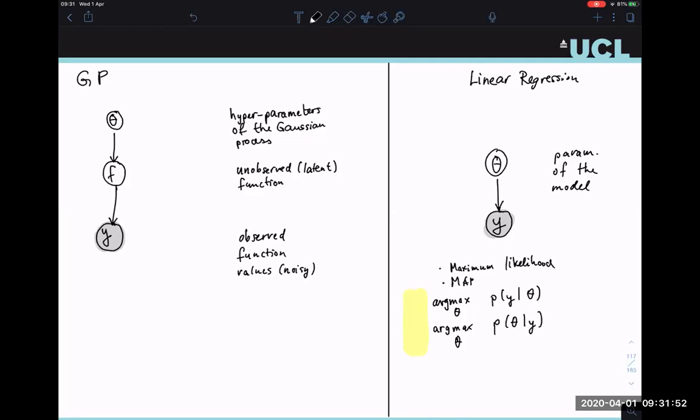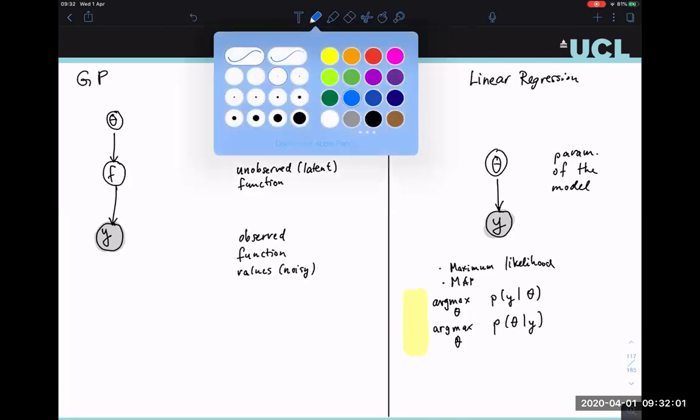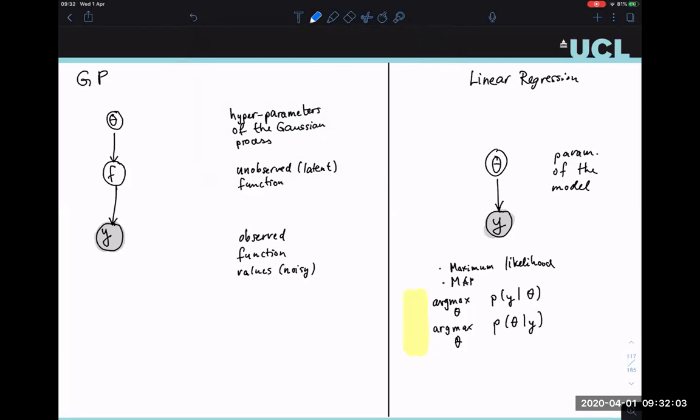So maybe an idea is, why don't we try to write down exactly the same equations here on the left-hand side. Why don't we try to find the argmax of P of y given theta, where theta are now the hyperparameters in the GP setting.